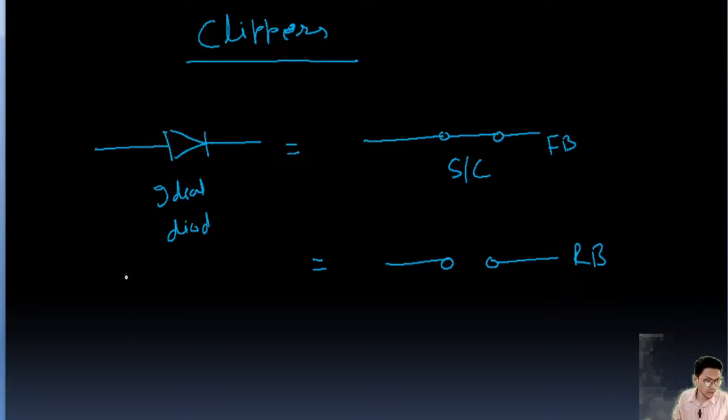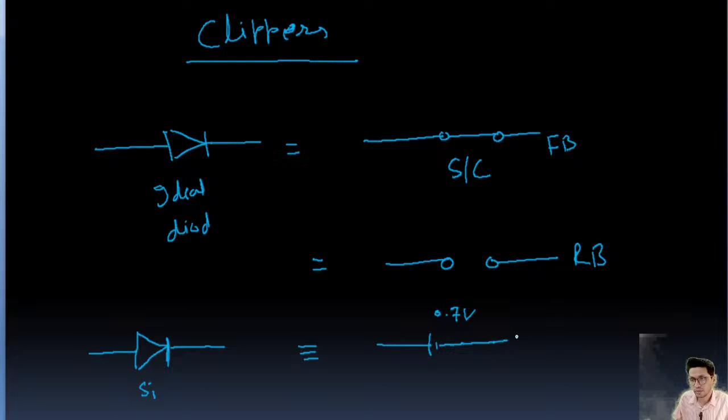Next, if we talk about a silicon diode, which is not ideal, then if it is forward biased, the voltage is going to be 0.7 volt.